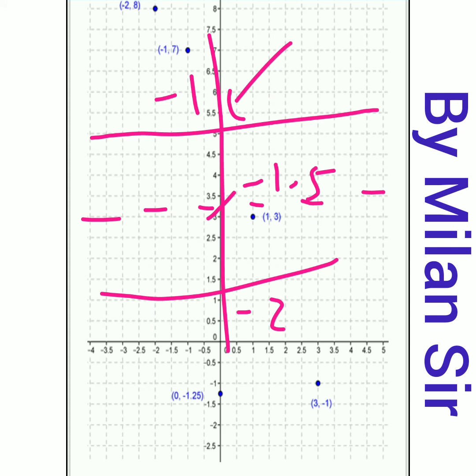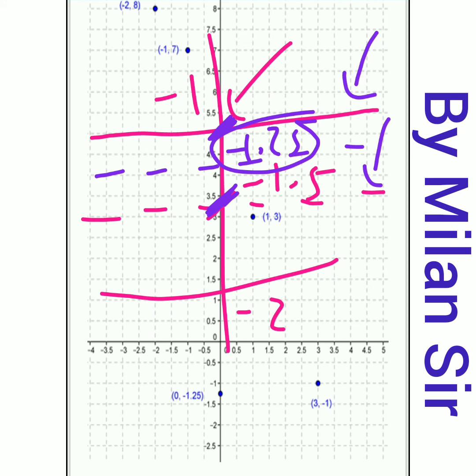Now in between, that means this one dark line and this one light line, if you take the exact midpoint, then it is minus 1.25. Because in between minus 1 and minus 1.5, minus 1.25 is the midpoint of these two points. First of all you need to locate your light line. Now find the midpoint of this dark line minus 1 and light line minus 1.5, so you will get minus 1.25.